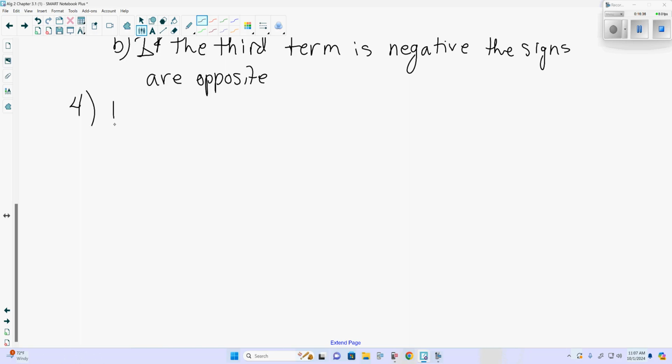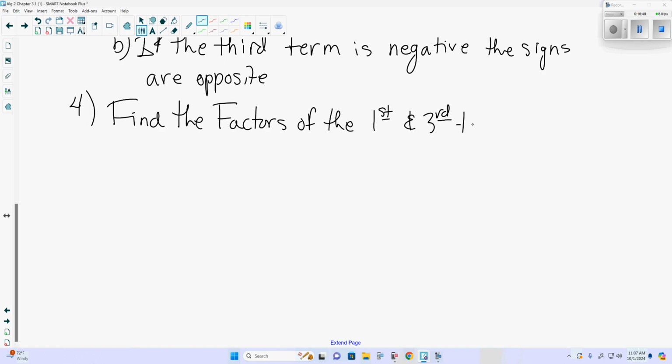Step number 4. Find the factors of the first and third terms.